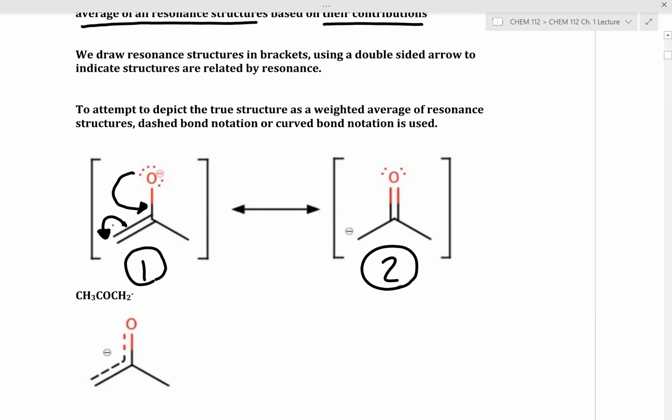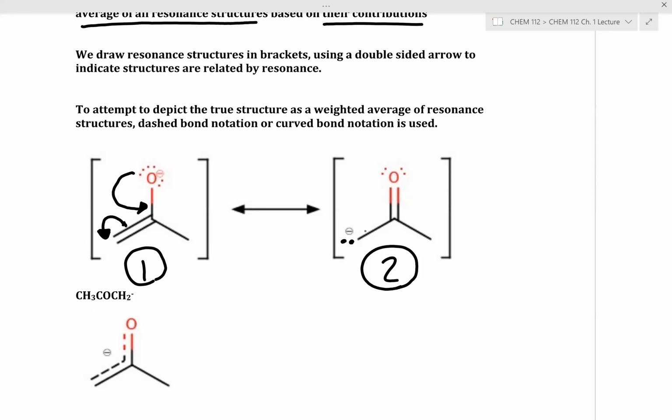In summary, our lone pair electrons are pushed down to form a new double bond, and our previous double bond is broken, leading to a lone pair on this bottommost carbon. Does that make sense to everyone, the logic behind arrow pushing?